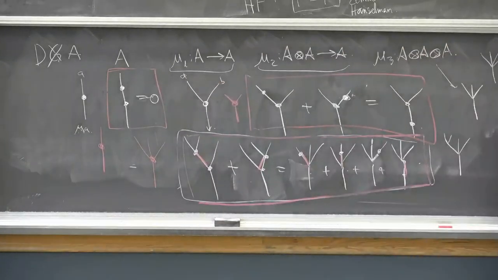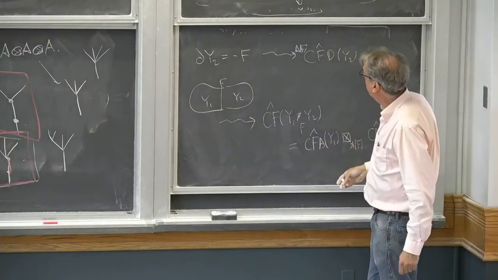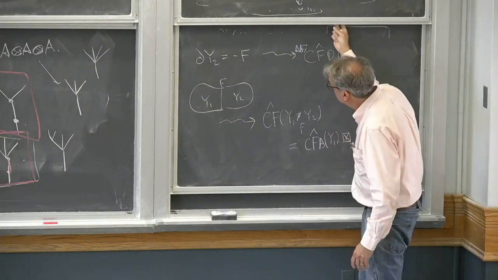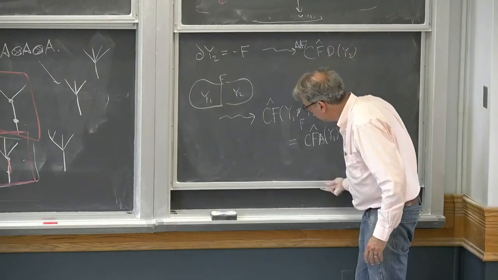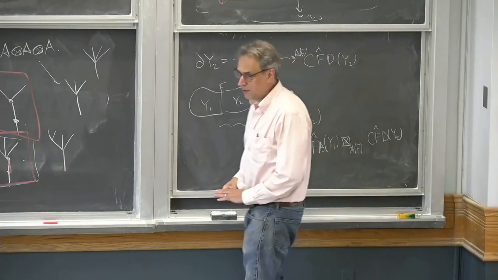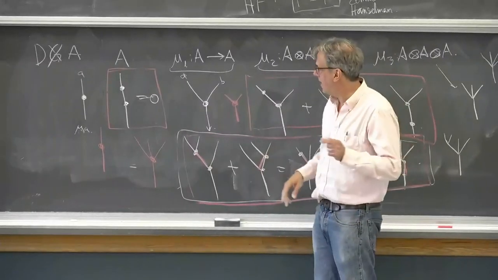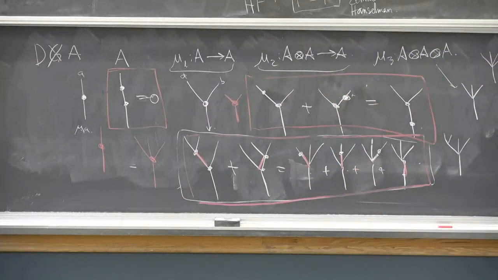Okay. All right. So what I want to do now, after that long introduction, I erased it, sadly. What I wanted to do was associate an A-infinity algebra. Oh, sorry. There were other objects that I had mentioned here.